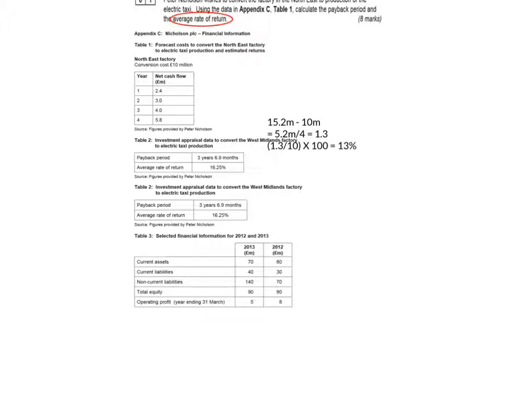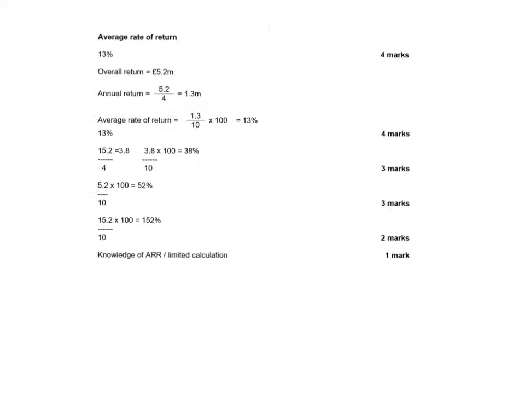So your 1.3 divided by 10 and then you times it by 100 to get a percentage and you'll get 13%. So if we check the mark scheme, we can see that we've got the 13% there. Yeah, there you go. So we get our 4 marks.